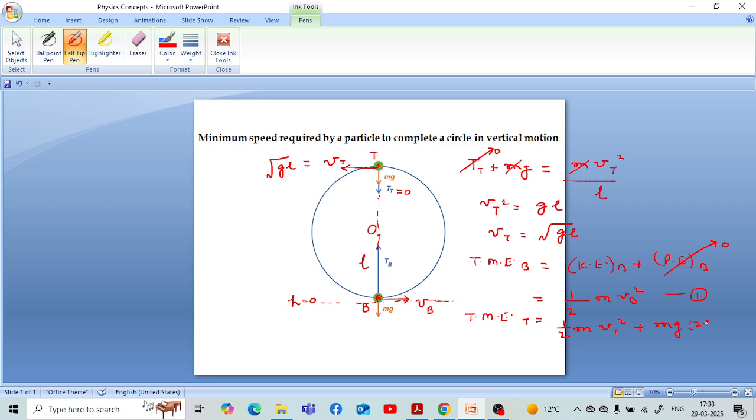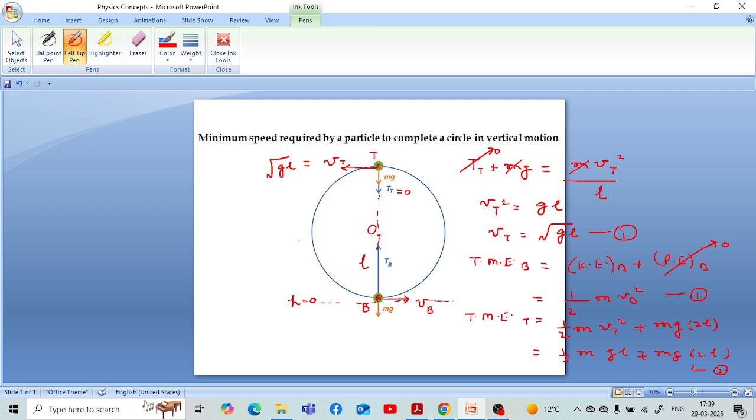So it is mg into 2L. Now vt is equal to square root gL. Putting this value here, half into m into gL plus mg into 2L. This is equation number 2.